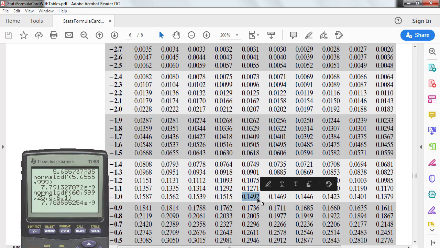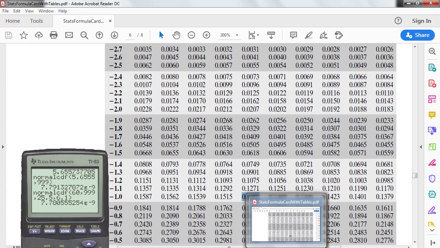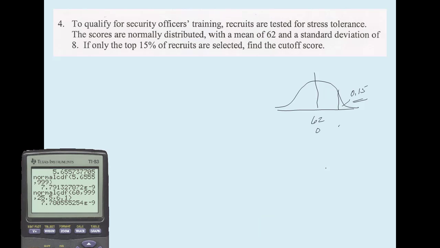This is only 8 away from 0.15, and this one's 15 away from 0.15. So the answer is somewhere in the middle. I'm just going to go with the closest one. So negative 1.04. So I'm going to go back to my drawing here, and this is negative 1.04.